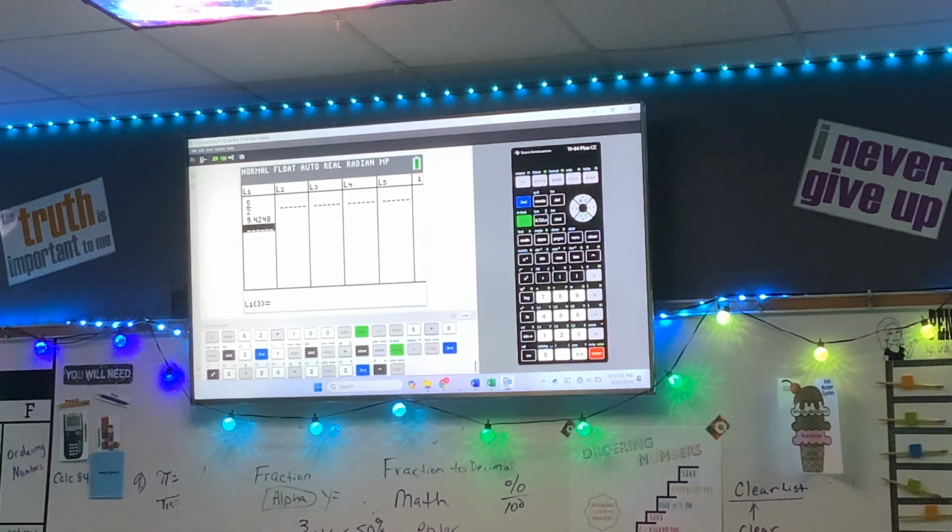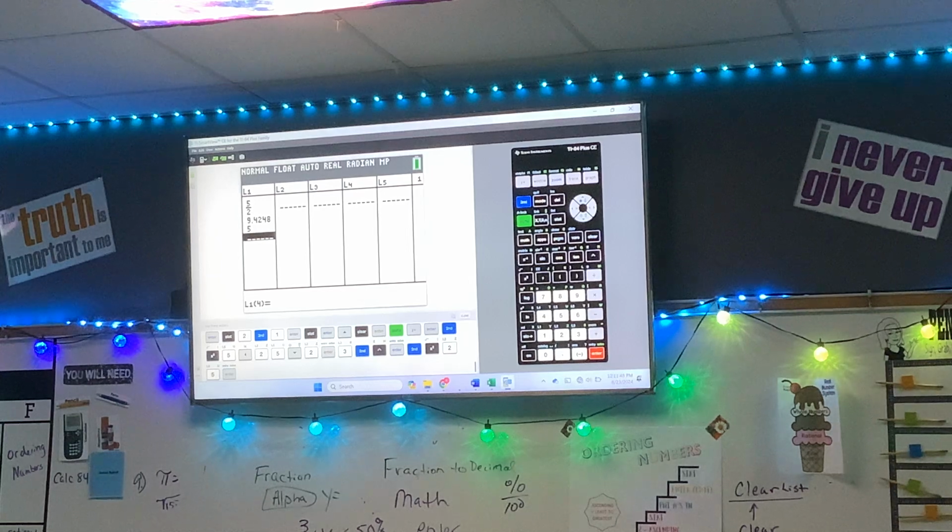Square root of 25. Blue, square root, 25, enter, and you get 5. The next one is alpha y equal, enter. Now, I'm going to teach you something new here.